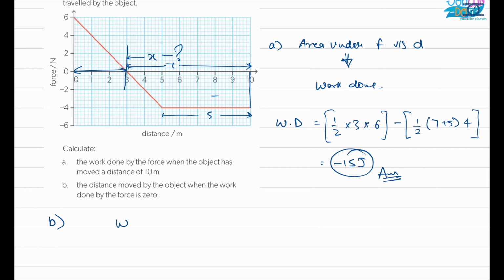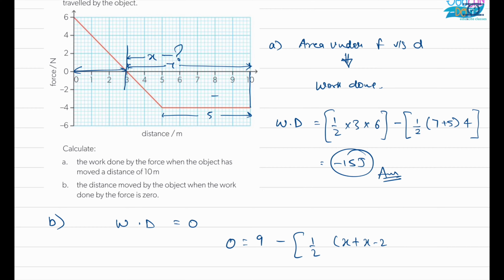Work done 0 means the work done above the axis, positive x, positive y, should equal the work done in negative y, right? So I can say 9 minus half of x plus x minus 2.